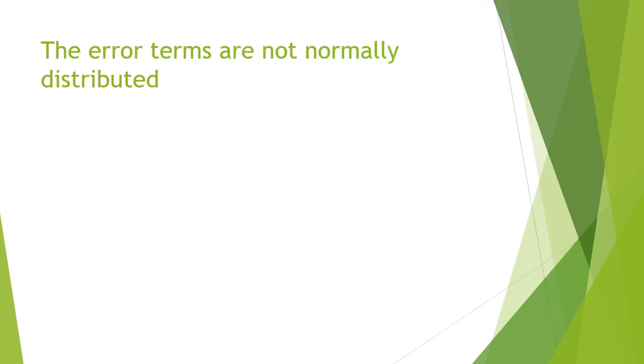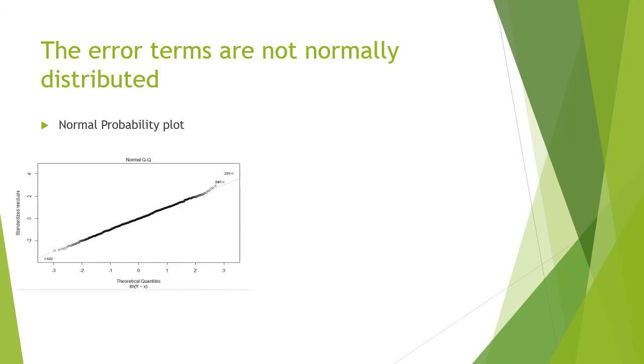In order for a linear regression model to accurately predict, the error terms need to be normally distributed. This can be checked through the use of a normal probability plot. In this plot, you can see that the x-axis is the theoretical quantiles, and the y-axis is the residual.